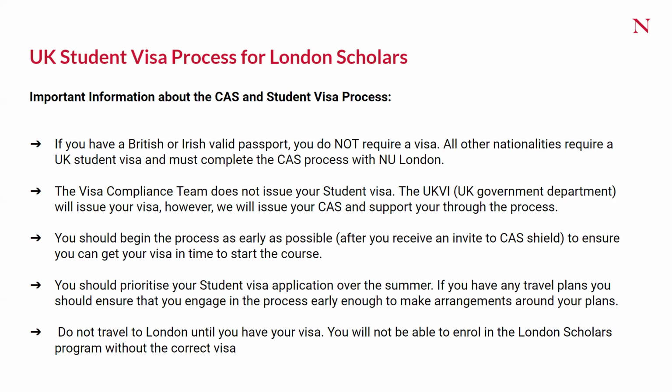You should prioritize your student visa application over the summer. If you do have any travel plans, you should ensure that you engage in the process early enough to make arrangements around your plans. Do not travel to London until you have your visa. You will not be able to enroll in the London Scholars Programme without the correct visa.